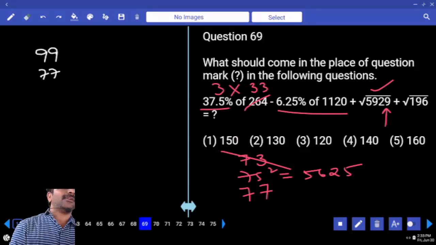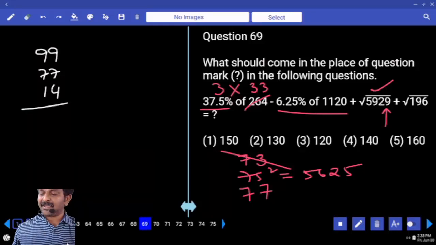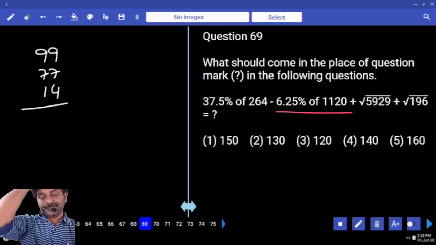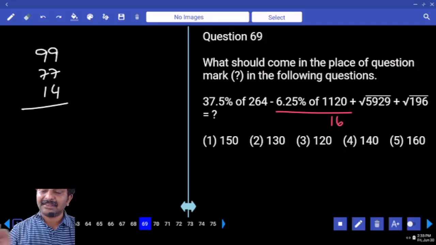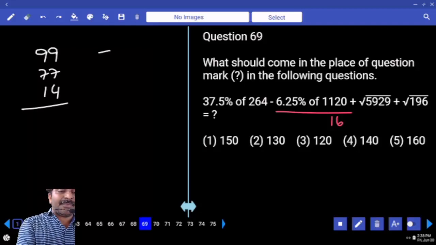And the last one, under root of 196, 14. Okay, keep it here and identify the negative number. Now, what do you mean by 12.5%? Half of that number is 6.25 only. 12.5% is 1/8. Half of 1/8? 1 by 16. So you just need to calculate this number divided by 16 only. 16, how many times? 7 times, and then 0.